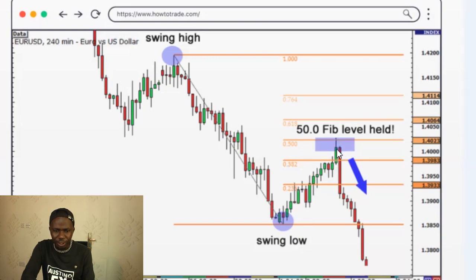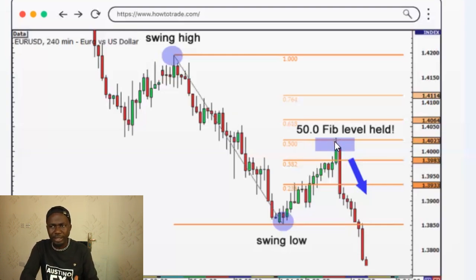You can see the rejection that I'm talking about. So this is the confirmation that you are looking at. Once you confirm this, then you can enter a sell trade, because this tells you that the price cannot break above this 0.5 Fibonacci level.